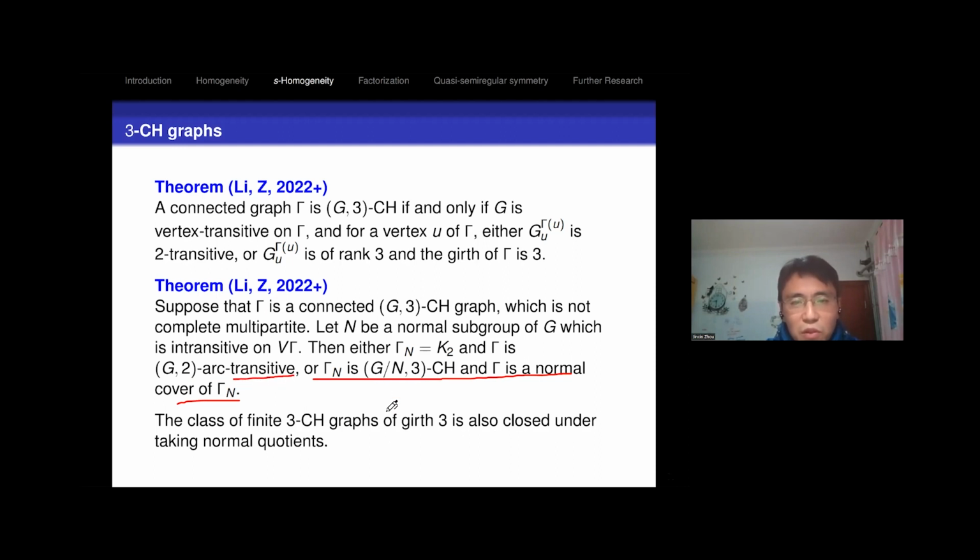So for the girth 3 case, you can see the quotient graph is still 3-CH, and the original graph gamma is a normal cover of the quotient graph. So this class of graphs is closed under taking normal quotients.